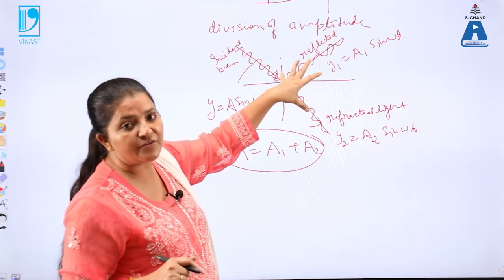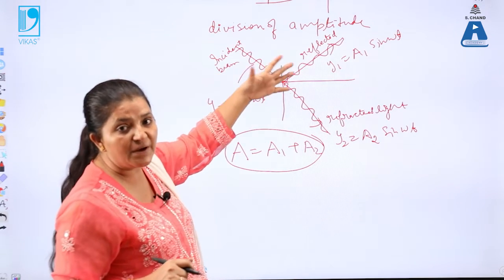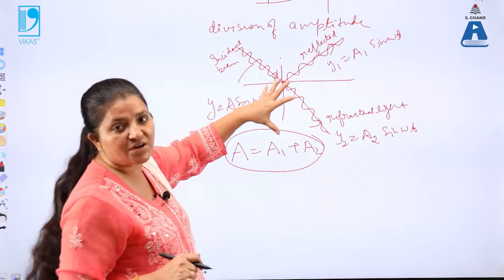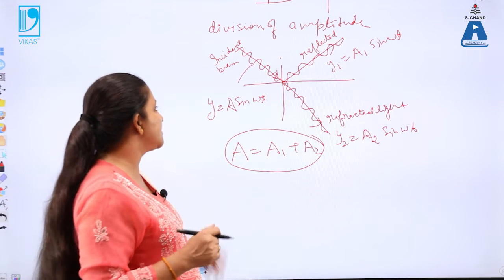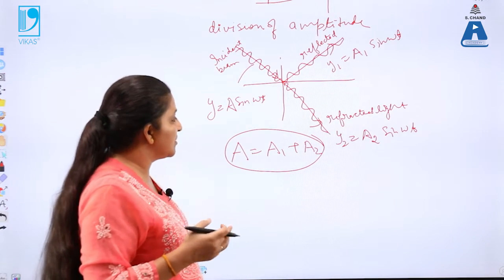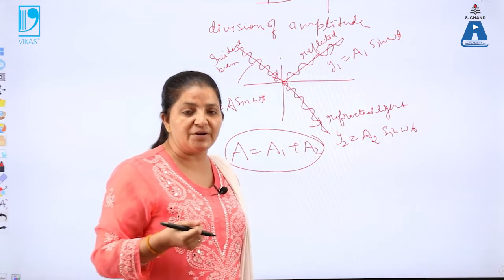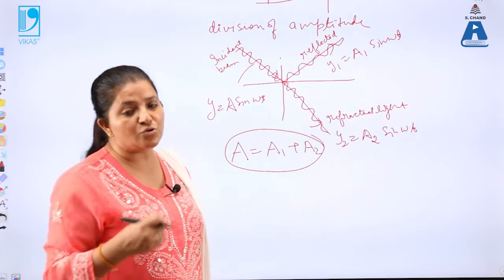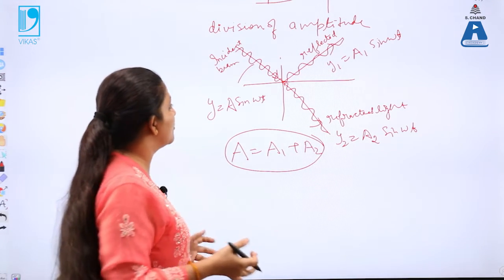Such type of interference is called interference by the division of amplitude. That means amplitude is divided here, when we are understanding the reflection or transmission of light. In that case the division of amplitude is applied, and the amplitude of the wave is affected.